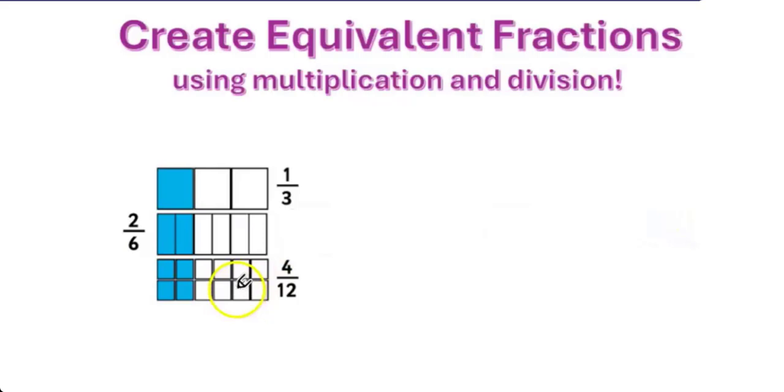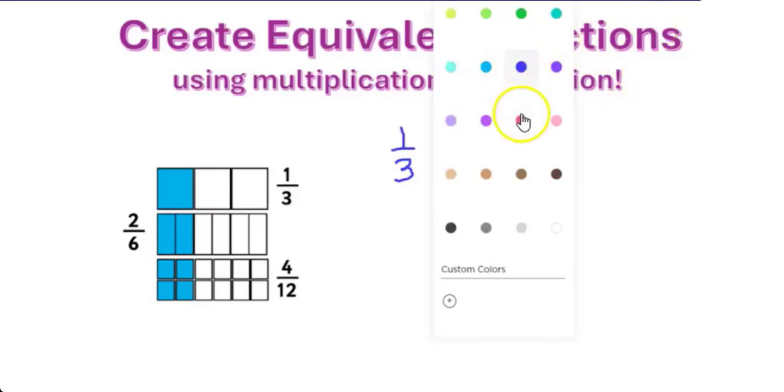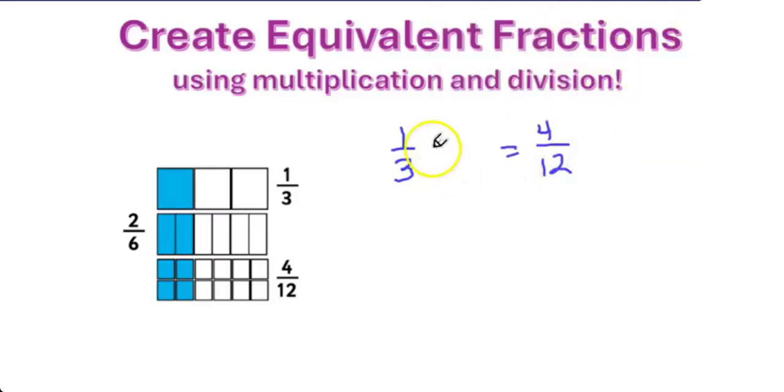Some other pictures that we looked at was over here where 1/3 is equal to 2/6 and is also equal to 4/12. So let's start with 1/3 equals 4/12. Now we can look at this very carefully and we can see that 1 times 4 equals 4 and 3 times 4 equals 12.